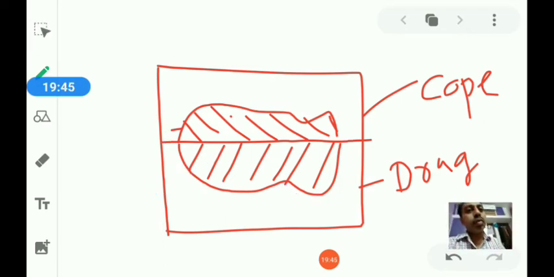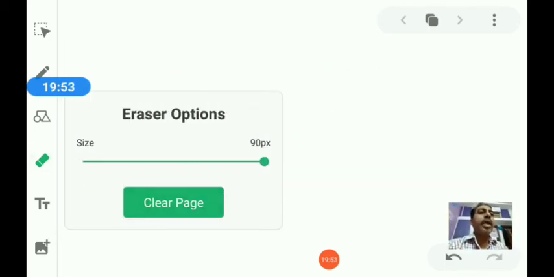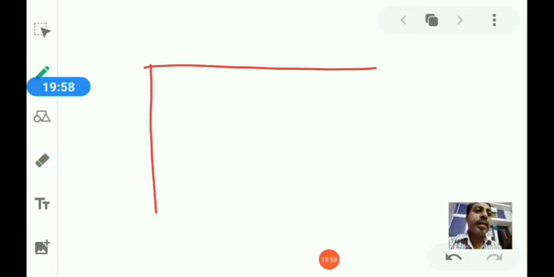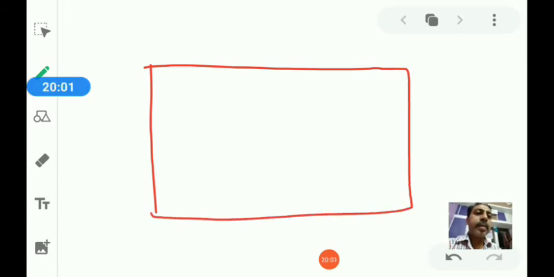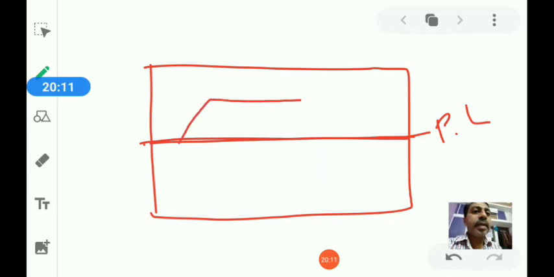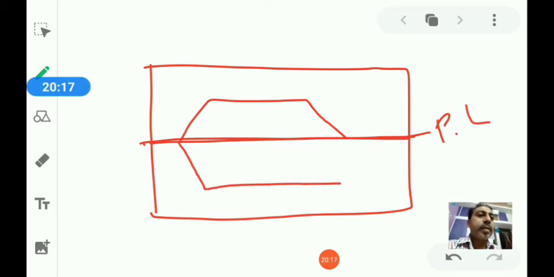So to avoid this, we can use the match plate pattern. In match plate pattern, what happens? This is our flask. This is the parting line. So here match plate is there, and on the first side, this is cop and this is drag, and this is match plate.